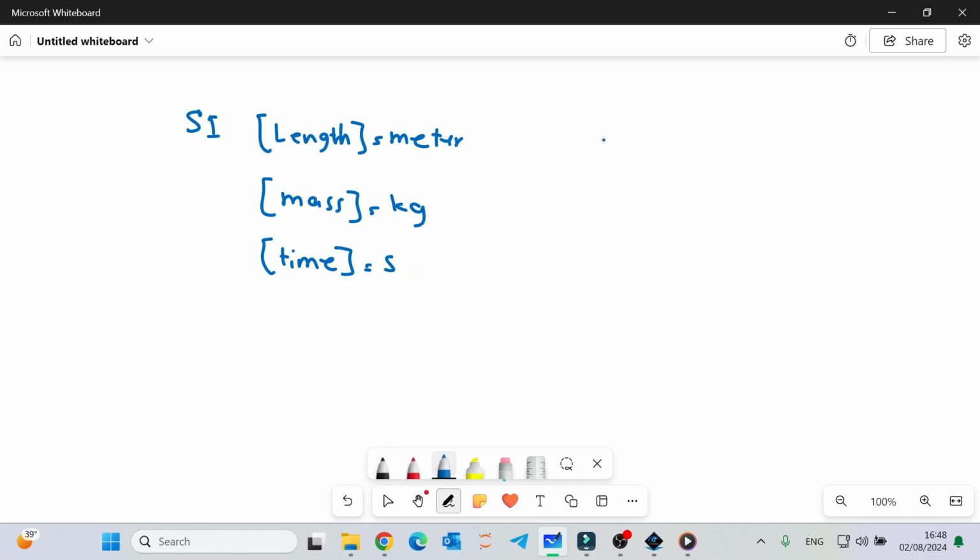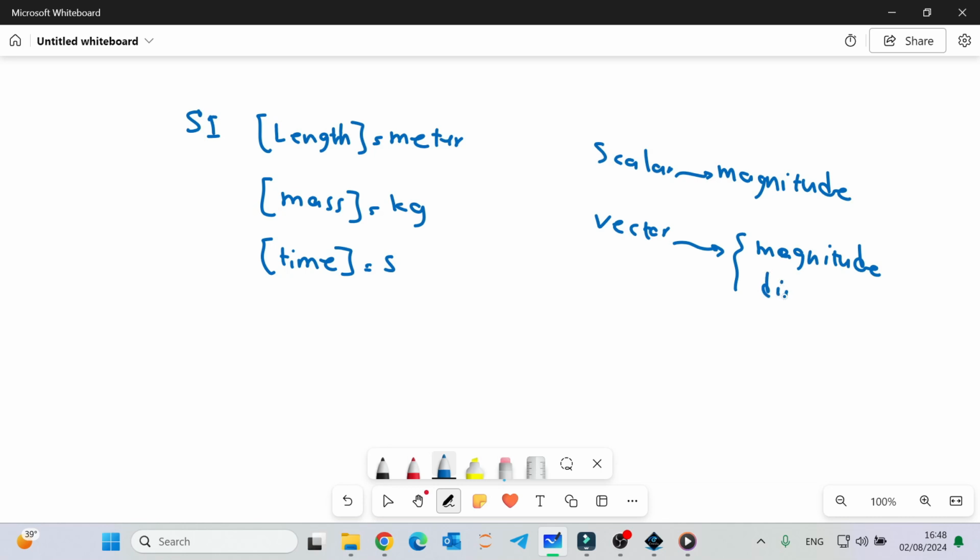And also we learned about the scalar and vector. The scalar has just a magnitude, and a vector has two parameters: magnitude and also direction. You will see many examples of these in next sessions.